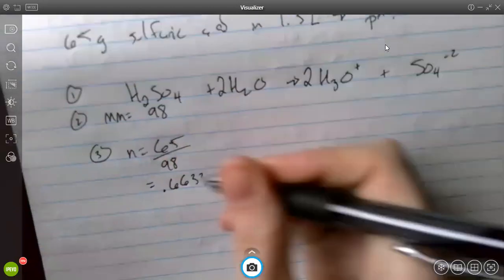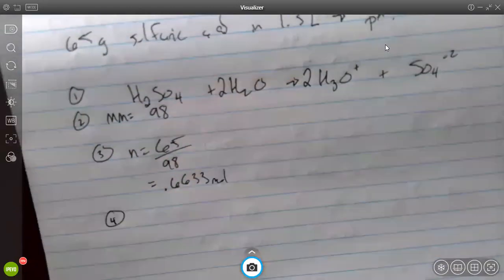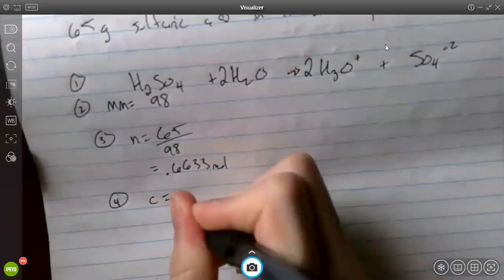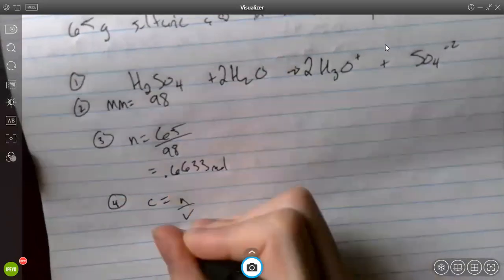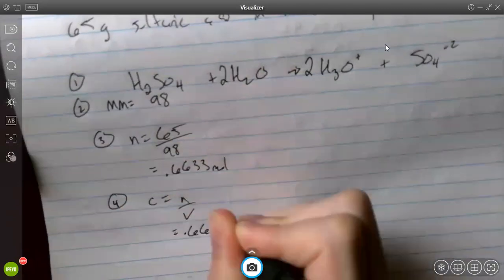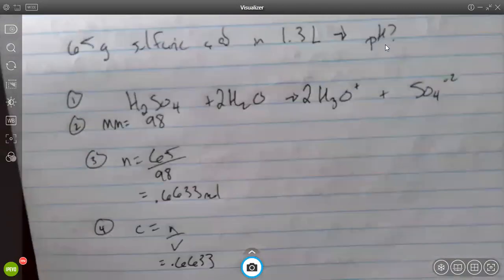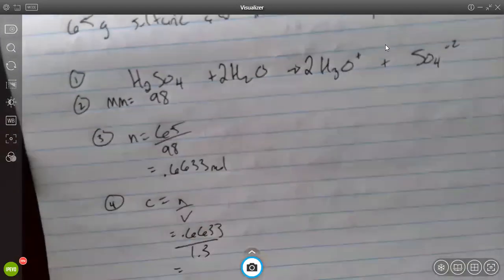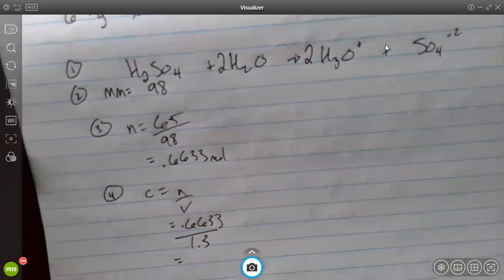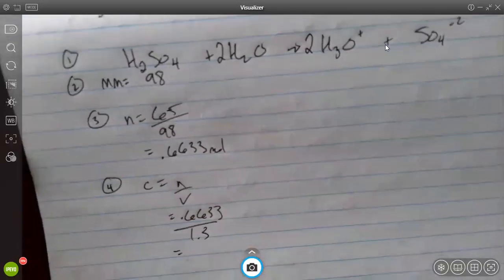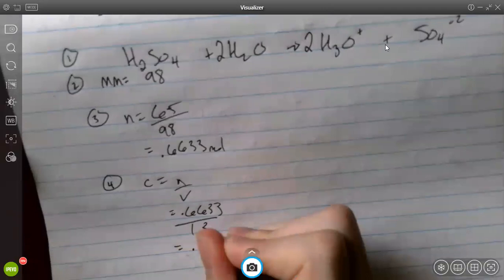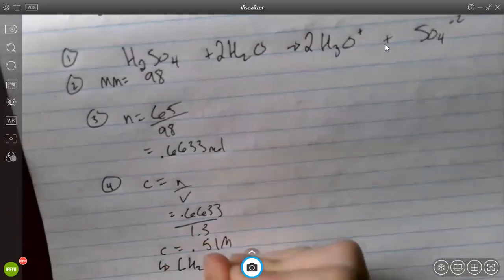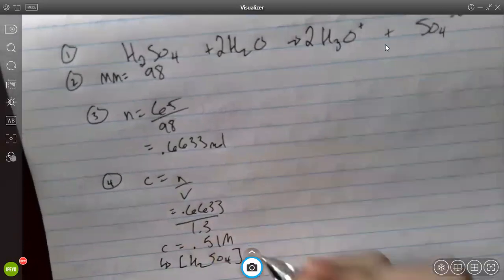Now I can figure out what the concentration of my sulfuric acid is using C equals n over V. So I will plug in my 0.6633 moles as well as the 1.3 liters I was given in the question and divide, which gives me a concentration of 0.51 molar. That is my concentration of sulfuric acid.